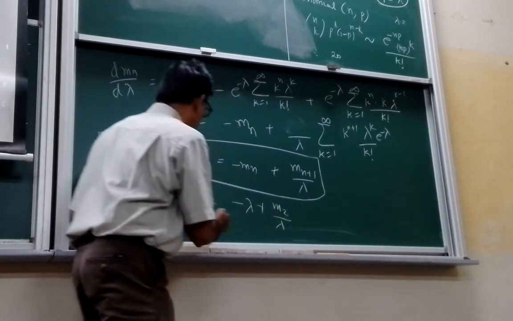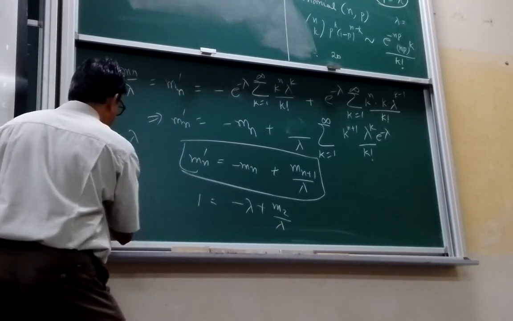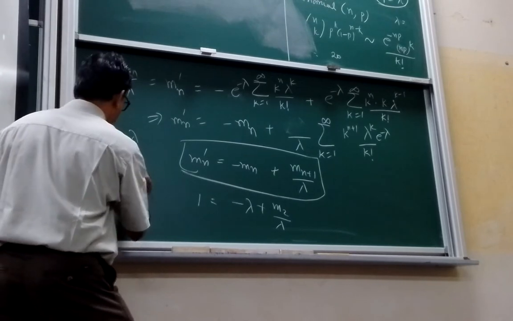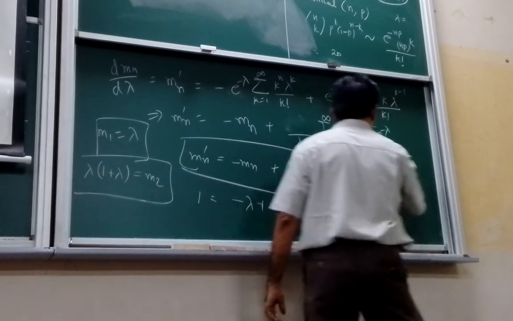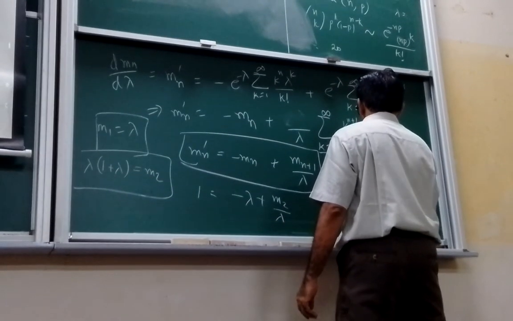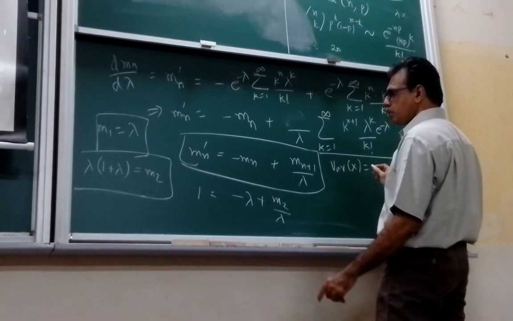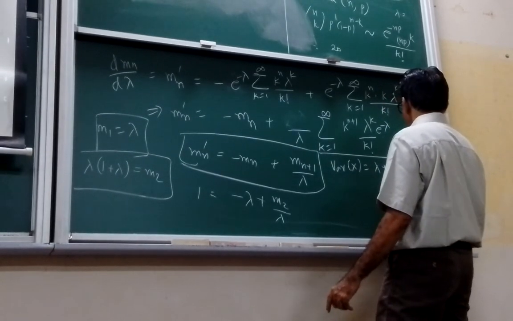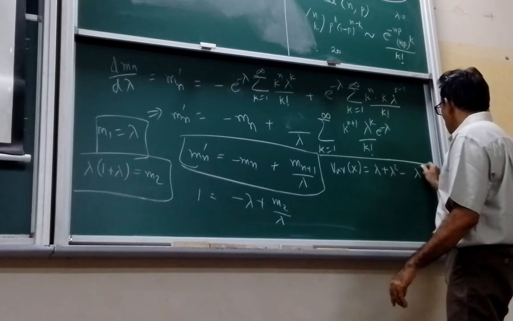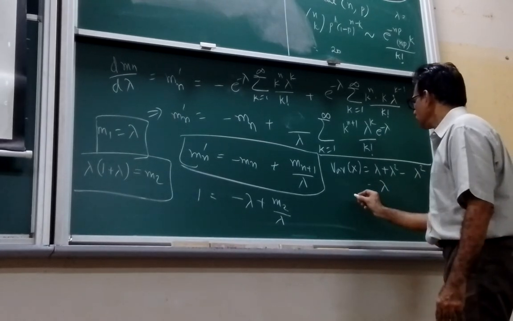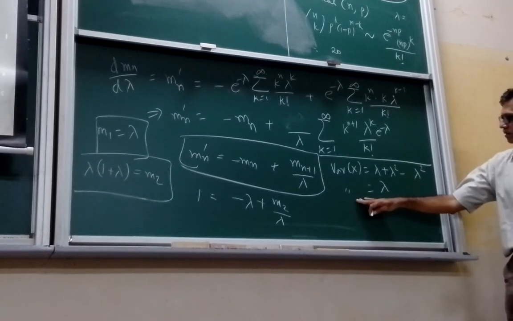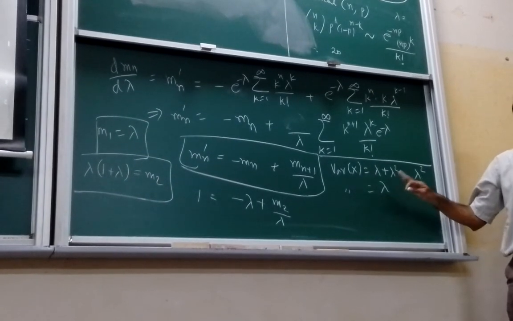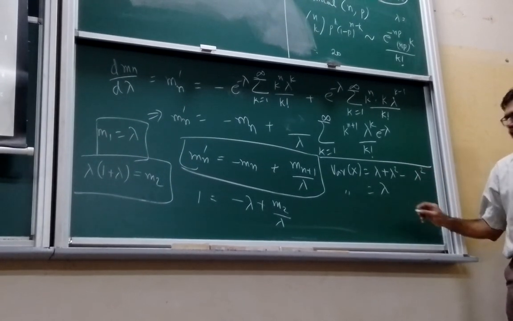So m2 divided by lambda: 1 equals minus lambda plus m2 by lambda, so m2 is lambda plus lambda squared. Now we can find the variance: m2, that is lambda plus lambda squared, minus m1 squared, which is lambda squared, equals lambda. So for the Poisson random variable, the variance is also lambda. This is very important: its mean is lambda, and variance is also lambda.